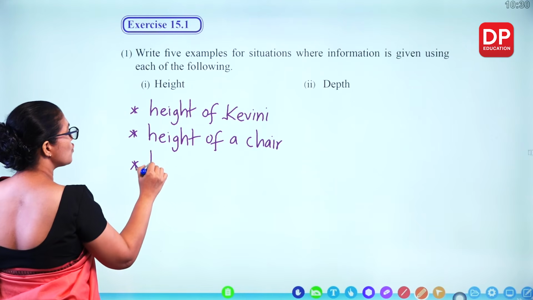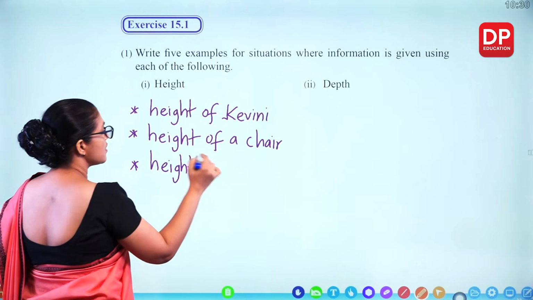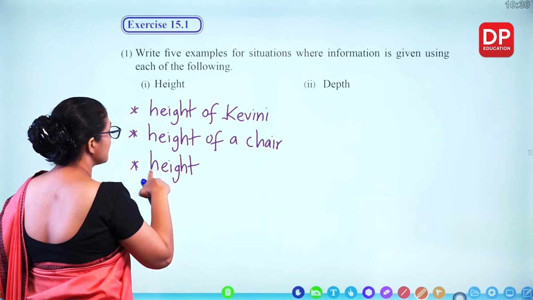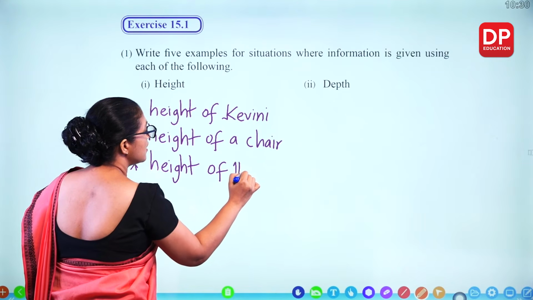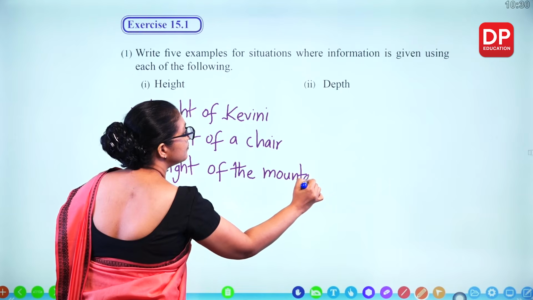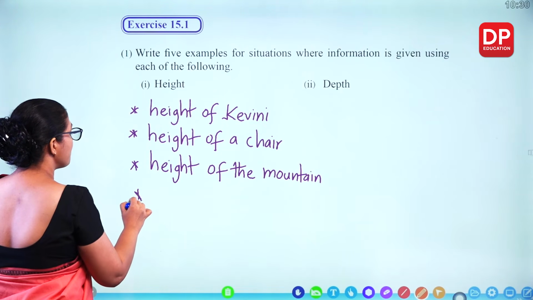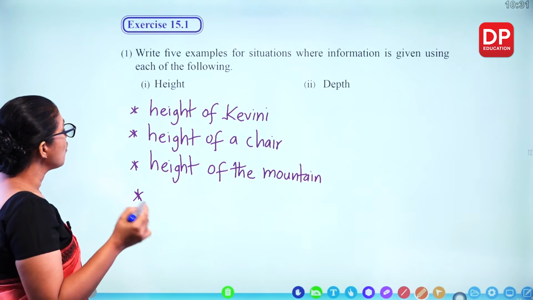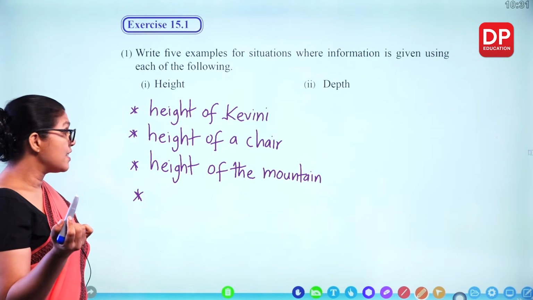It's useful to know the height of Everest, the highest mountain. Then height of a TV antenna.